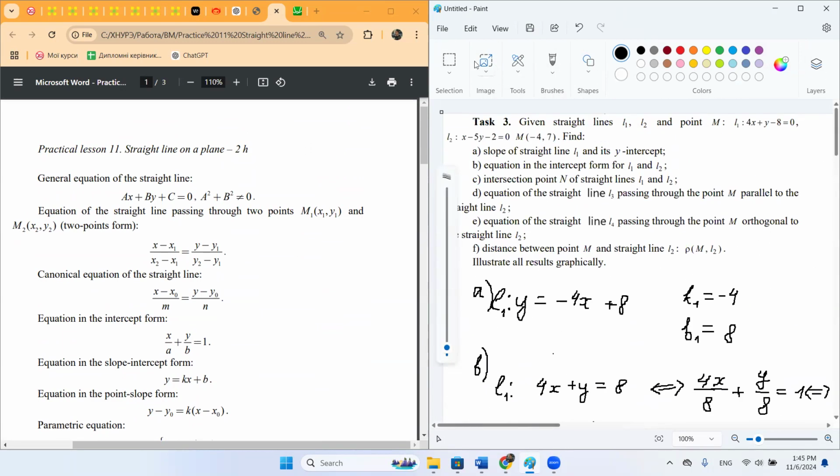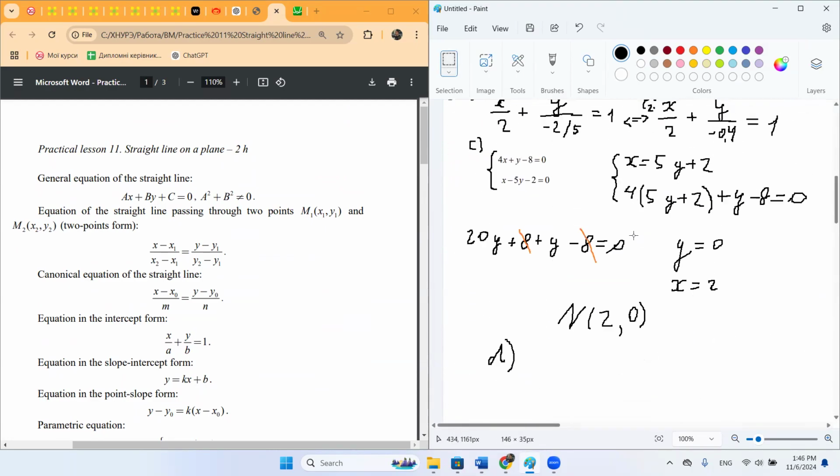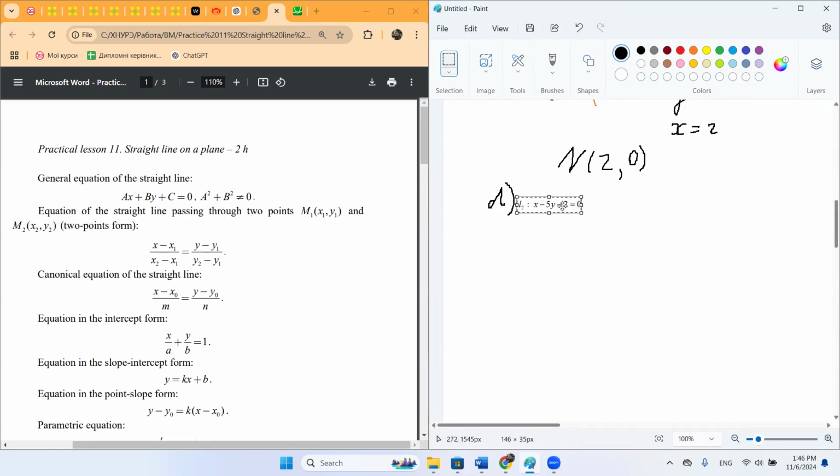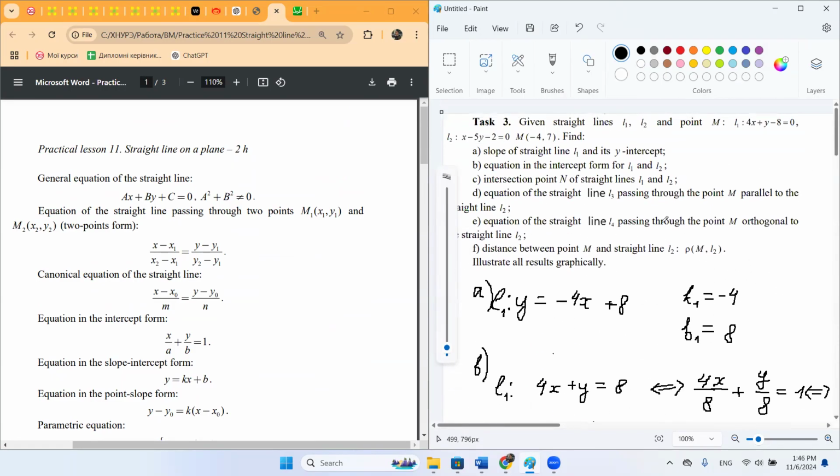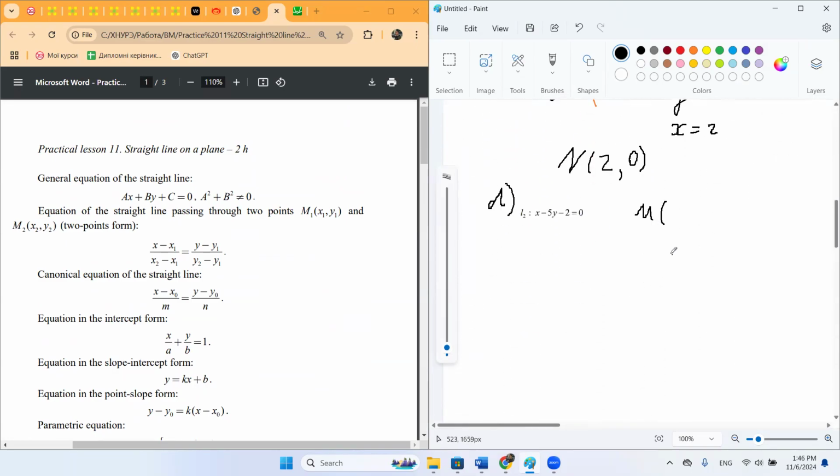I will copy and paste this equation, not to forget. And point M, by the way, is minus 4, 7. So that is enough data for us. Any ideas how to solve?